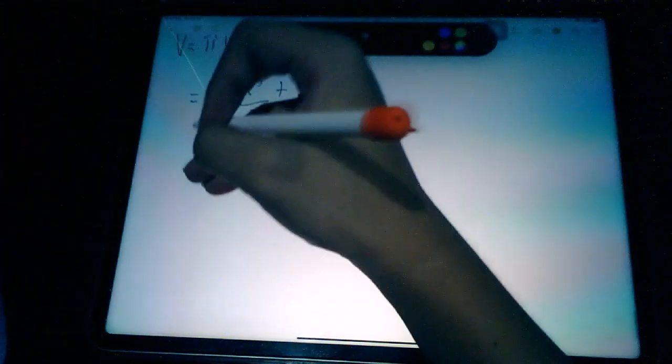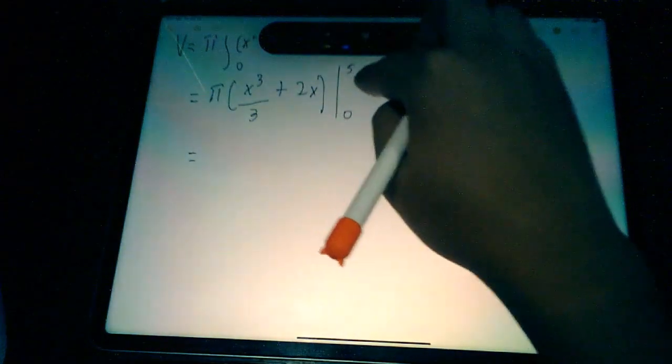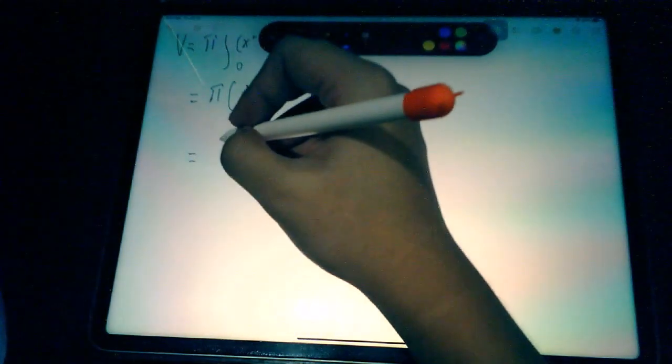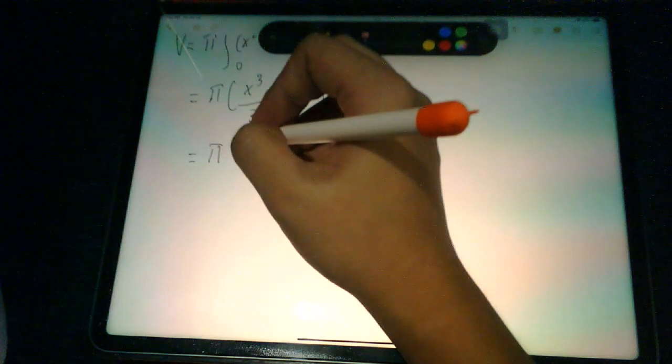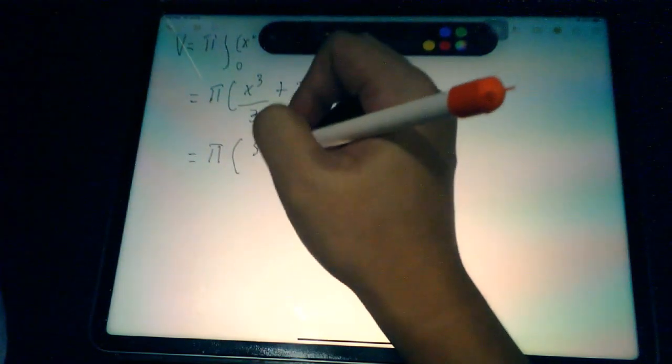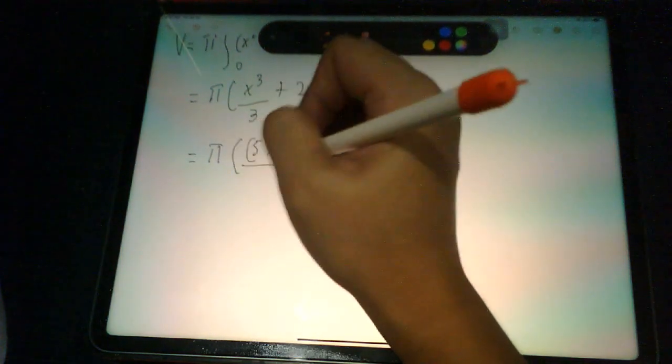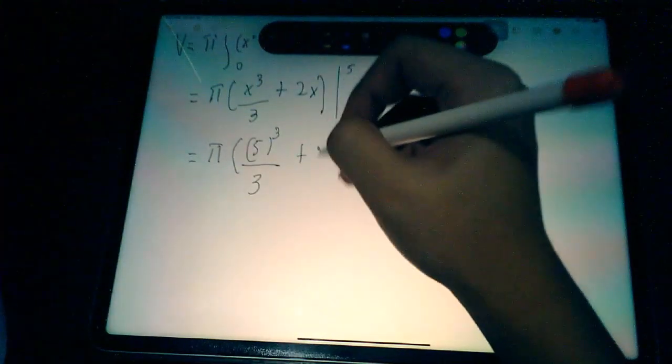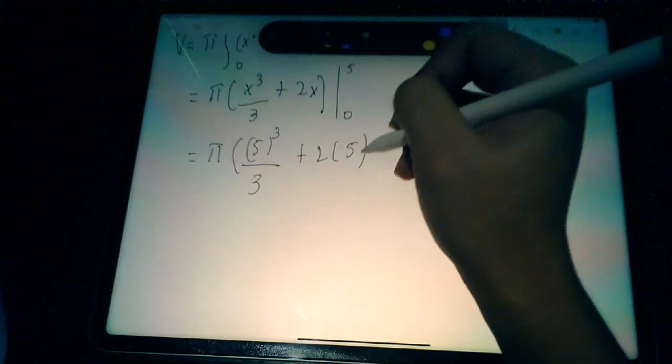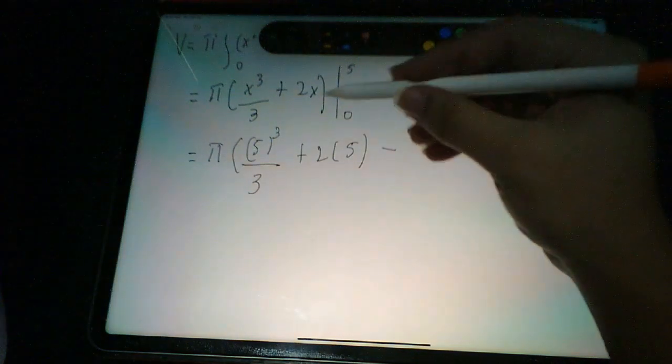So by plugging in the limits to x, our problem will look like this: 5 raised to 3 over 3 plus 2 times 5, minus 0, which here is just 0.